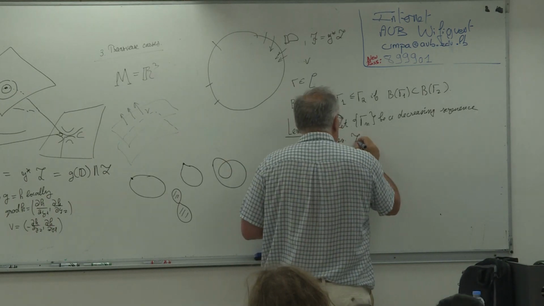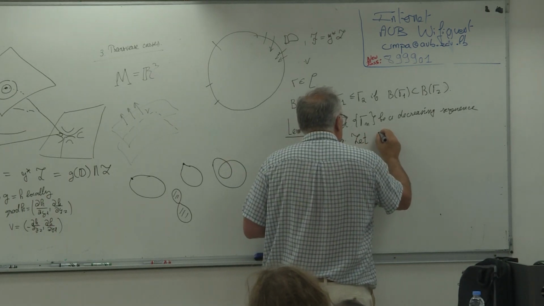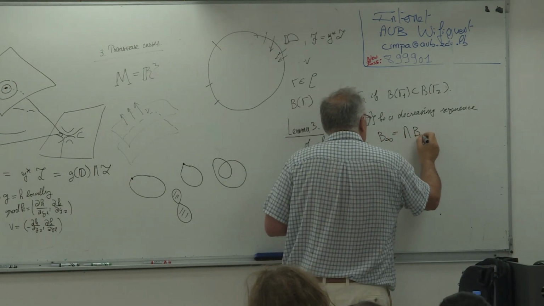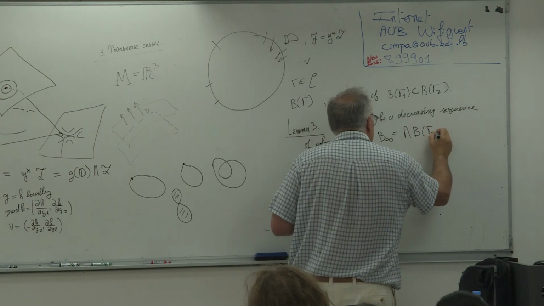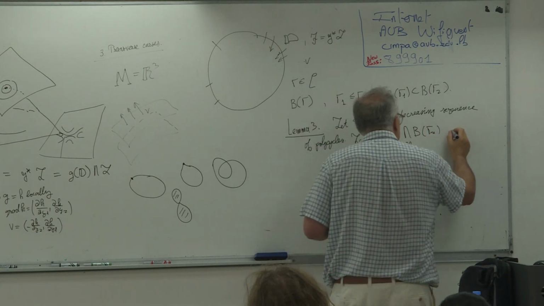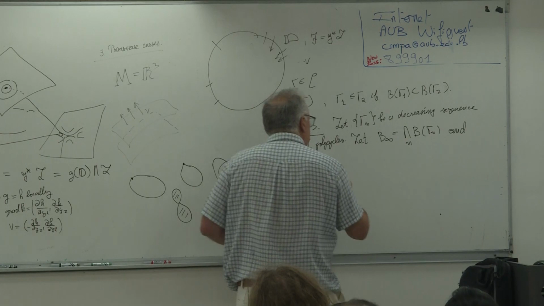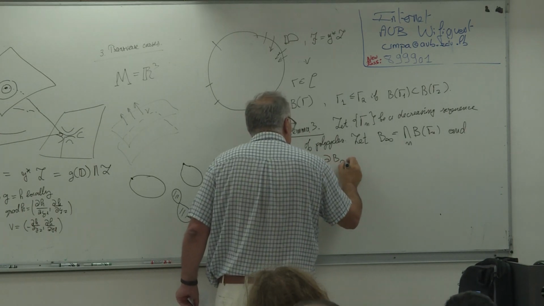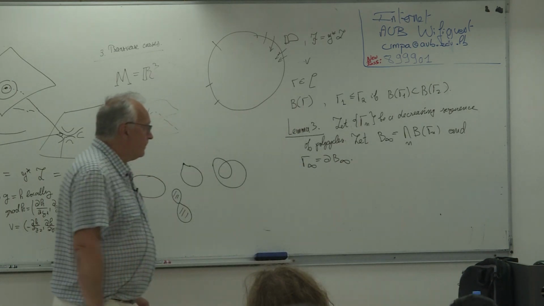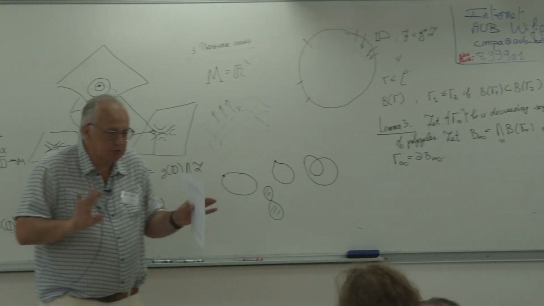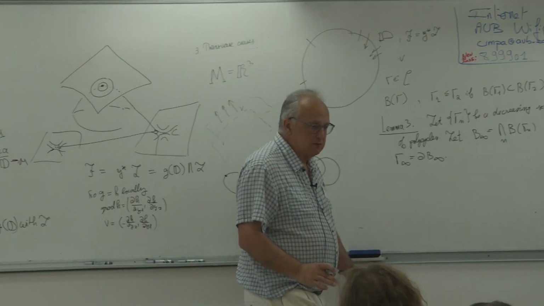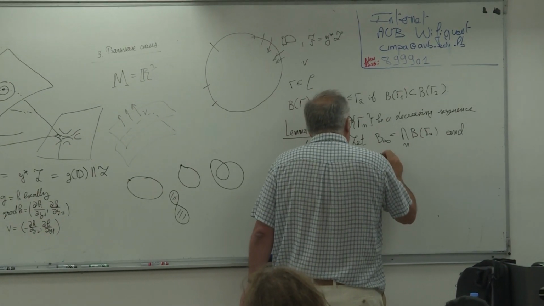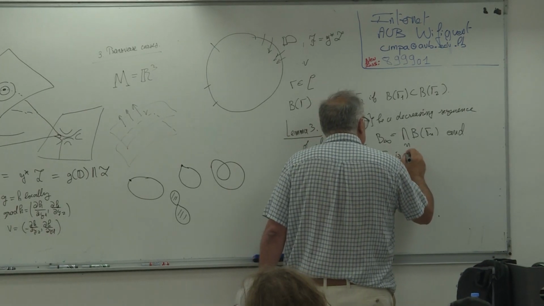Let B infinity be the intersection of all B gamma n, and define gamma infinity as the boundary of B infinity. Boundary is in the usual sense, okay, the boundary of the set. Then gamma infinity is a polycycle.